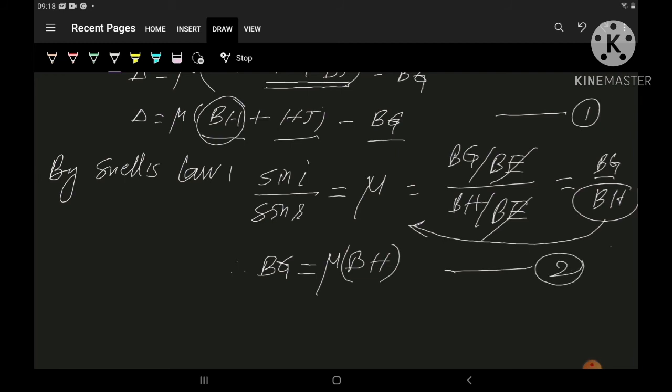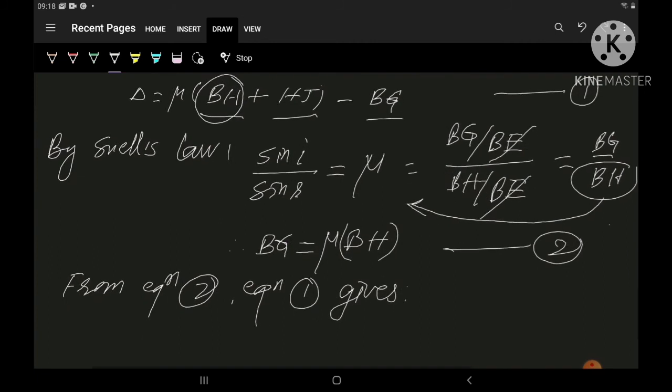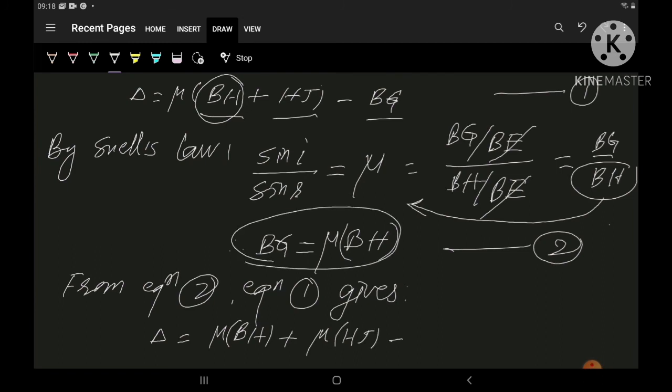So from equation 2, in equation 1 we can write delta, the path difference, is equal to mu times BH plus mu times HJ minus BG, which means mu times BH.